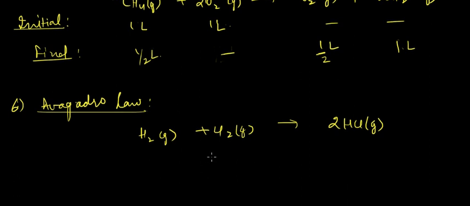Let's say this was 1 liter, this was 1 liter, and the product would be 2 liter. If we have 1 molecule of H2 and 1 molecule of Cl2, then we will have 2 molecules of HCl gas.